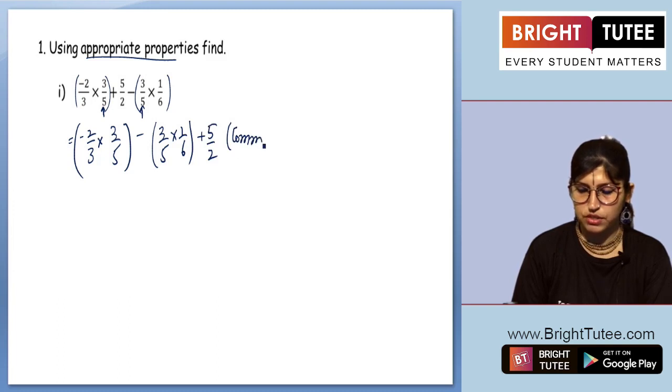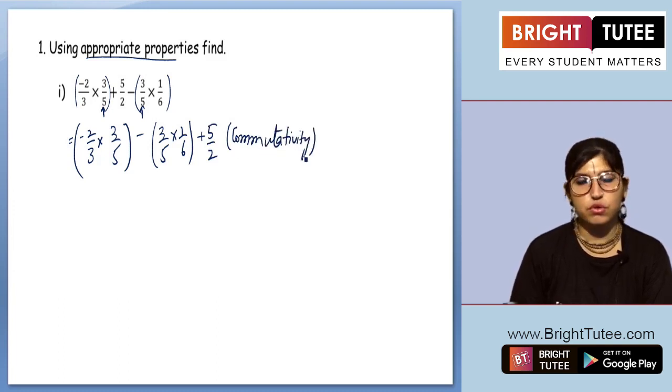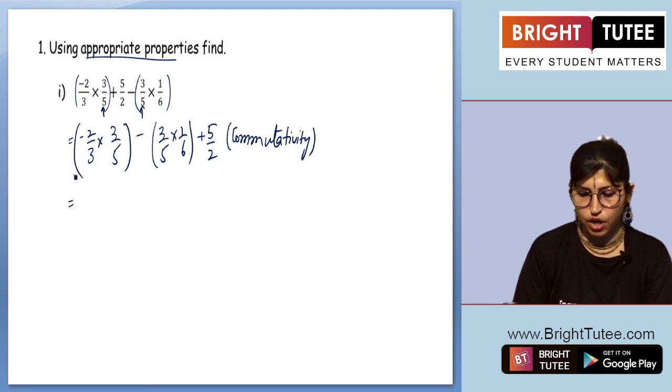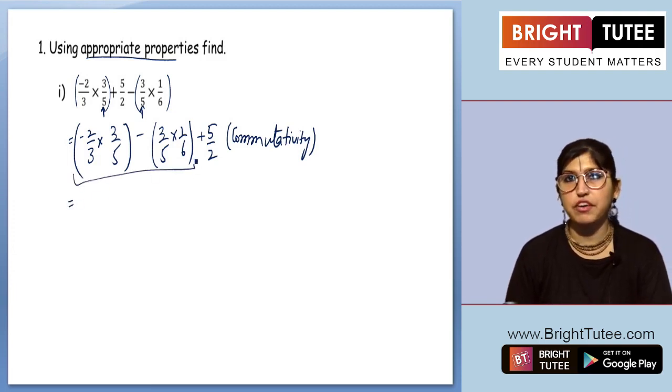By commutativity, we shifted it to the side closer to 2 by 3 times 3 by 5. Now out of these two, we can take 3 by 5 common.